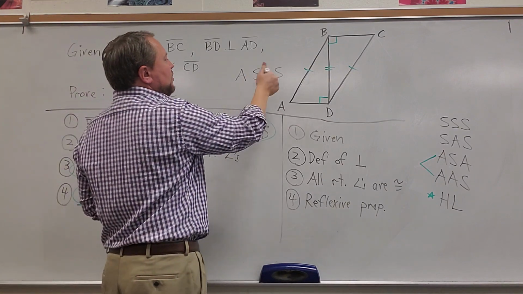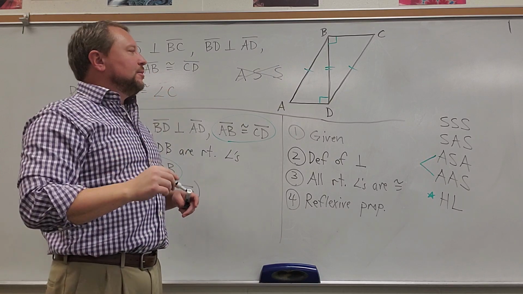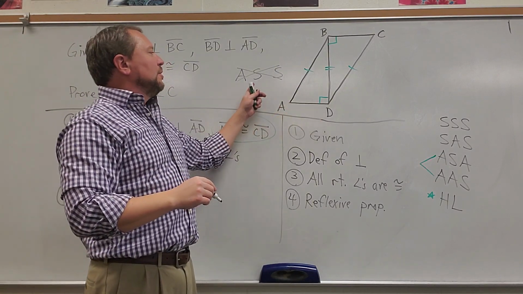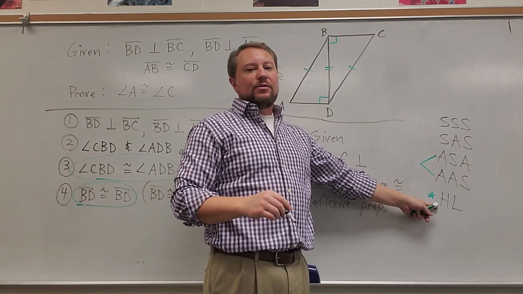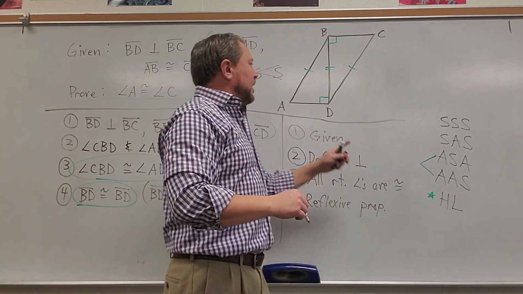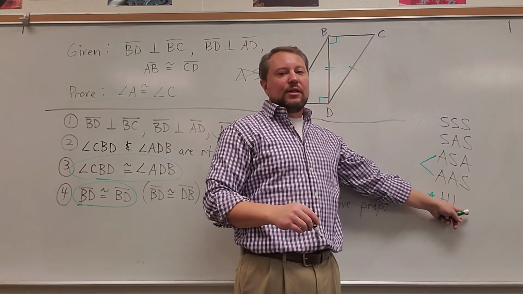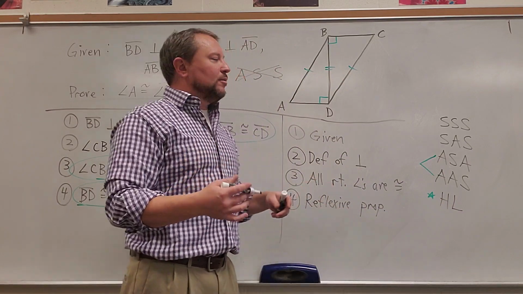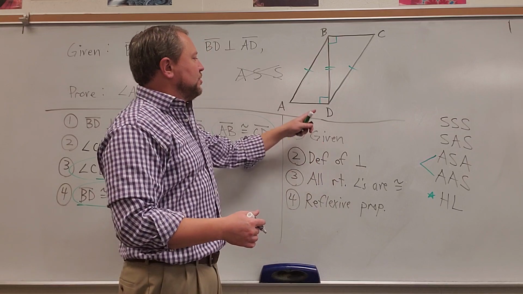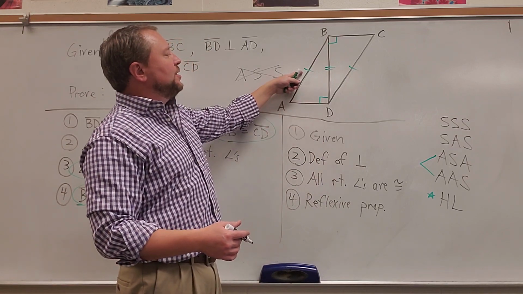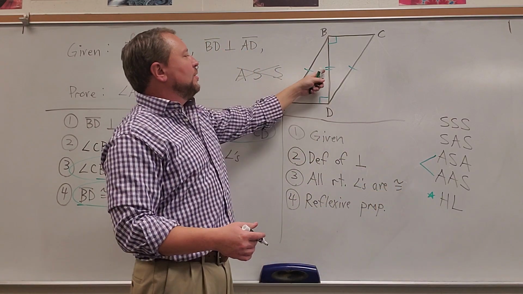And we can't spell donkey, remember, but there is an exception. If it's a right triangle, the one that spells donkey is HL, and sure enough, look, we have a right angle, so that's the missing letter that you don't see in HL. That right angle is understood to be there. And then the H stands for hypotenuse. Well, across from the right angle is the hypotenuse. And L stands for leg. Well, that's a leg.